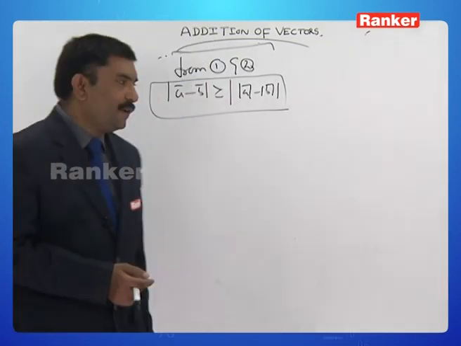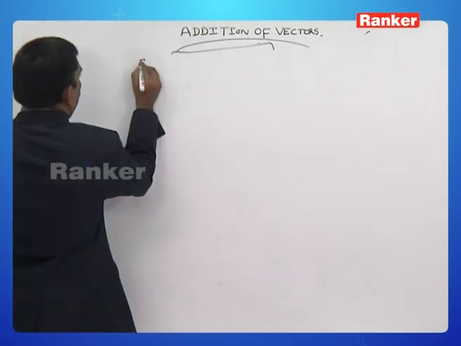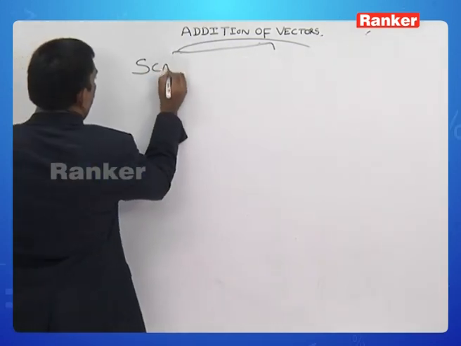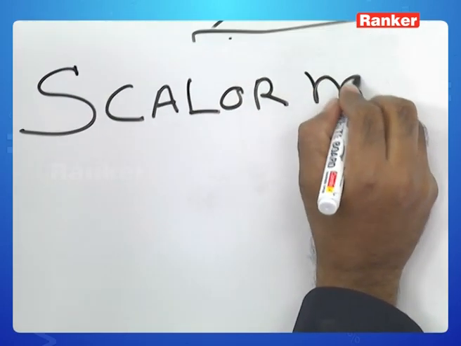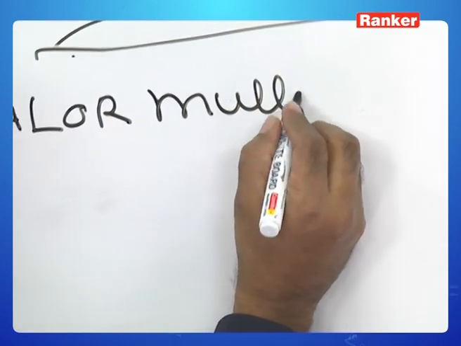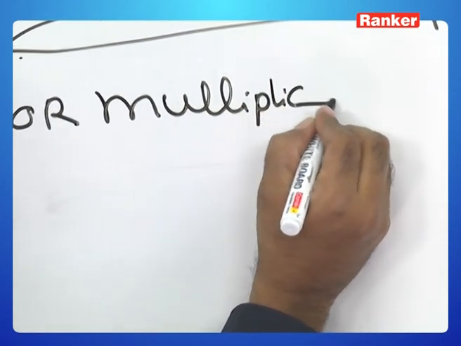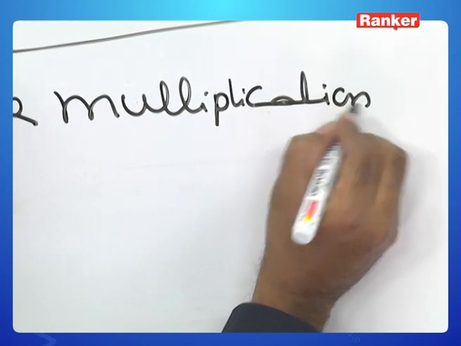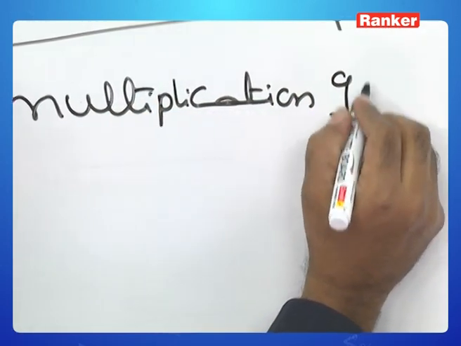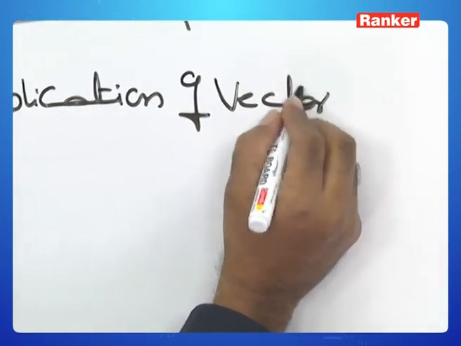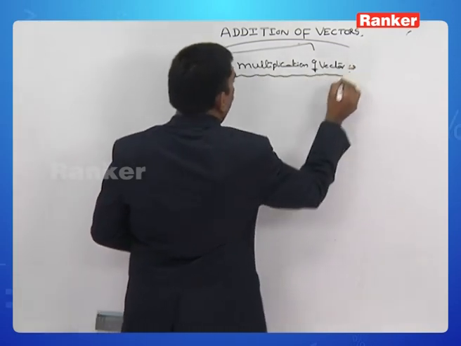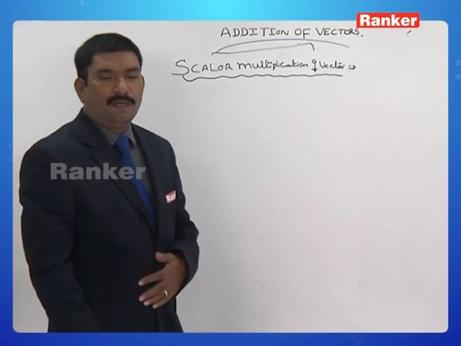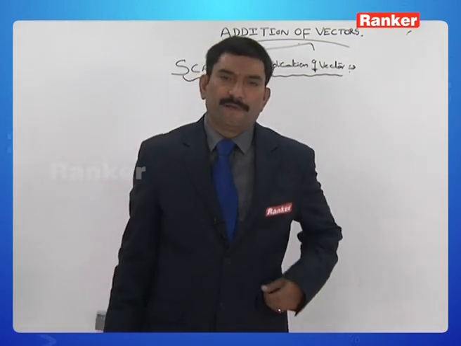So therefore, now I can say, scalar multiplication of a vector.